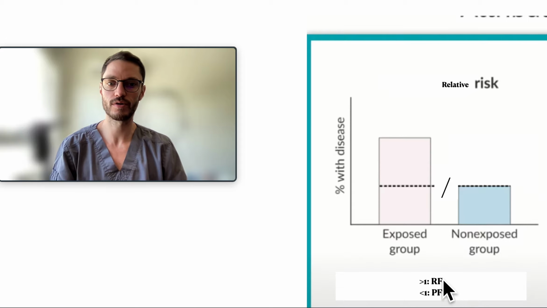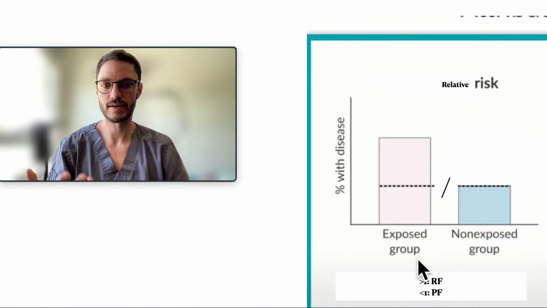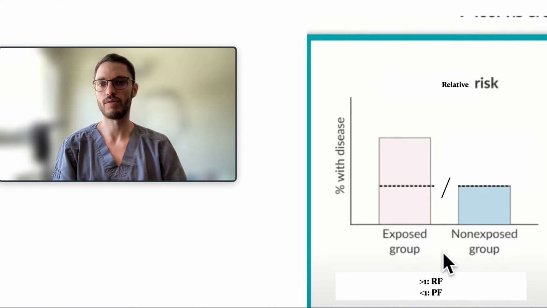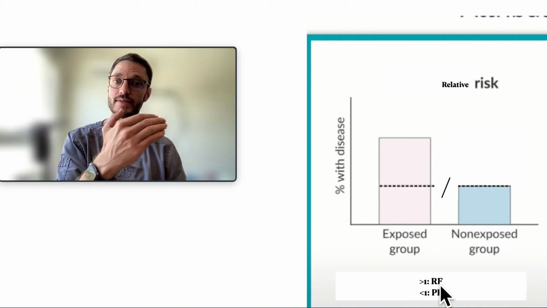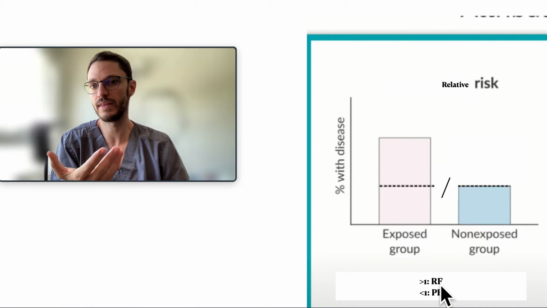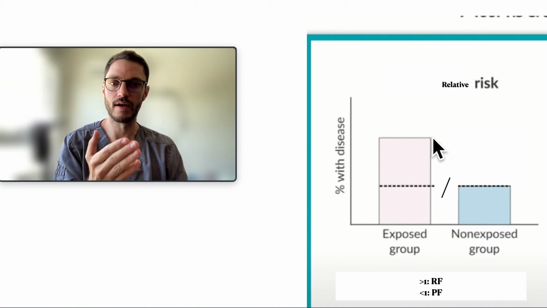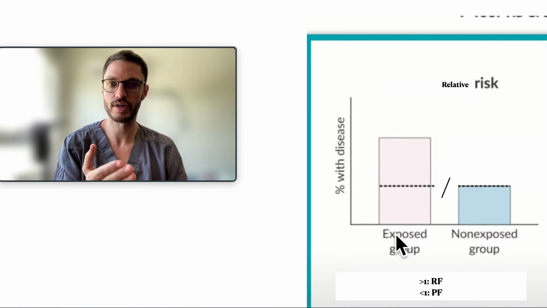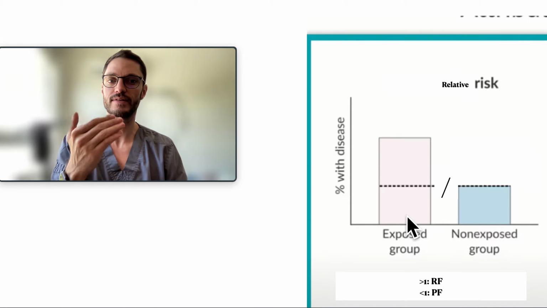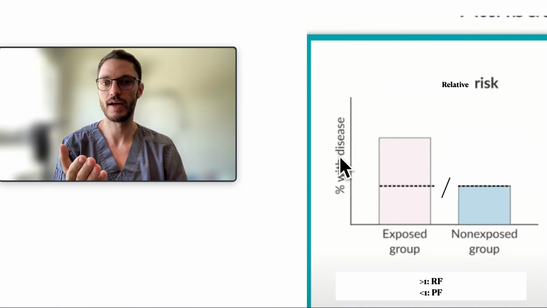But in general terms, we usually state it this way, because if not, it would complicate our language a whole lot. So more than 1 means that the incidence in the exposed is more than the incidence in the unexposed, meaning that the variable we're searching, or the exposure, is increasing incidence, meaning that it's increasing the risk for an outcome.